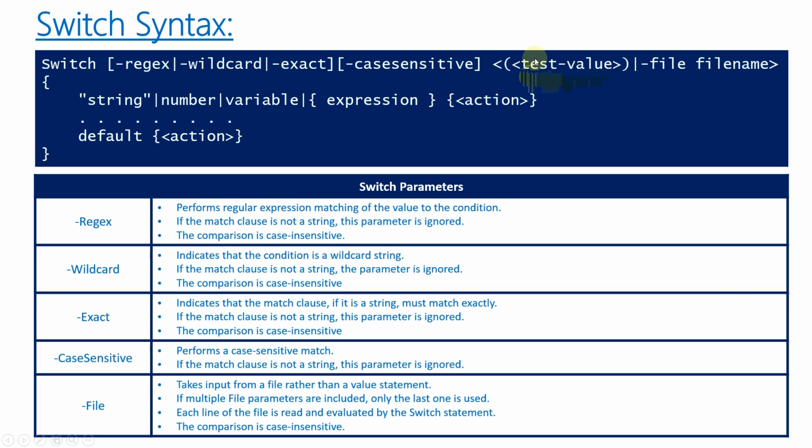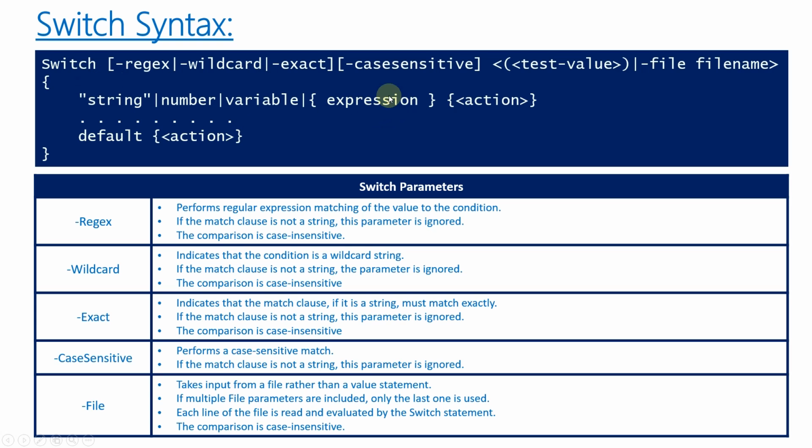And the switch statement can also be used with a file. So instead of passing a string, we can directly give the file name, in which a lot of strings are available, and we have to write the code block inside curly brackets. Here we can use either a string, a number, a variable, or we can also use an expression.